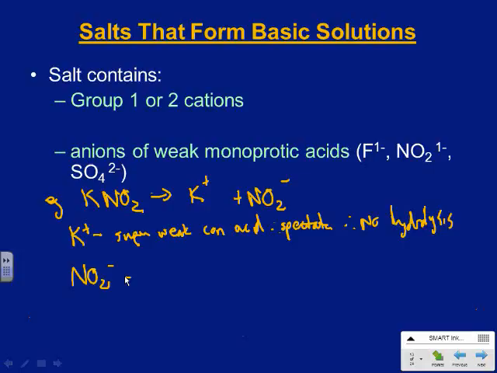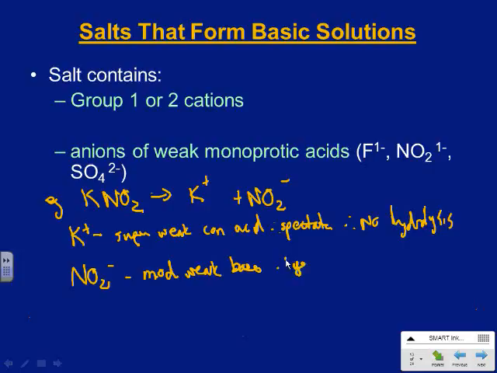Whether it's a conjugate or not, I really don't care. It did come from nitrous acid, but who cares? If you're writing the test and you're struggling, you find that, and you're going to find that it's a moderately weak base. Whether you put conjugate in there or not, I don't care. It's a true statement. So if you know where your moderately comes in with a power of 10, you're doing just fine.